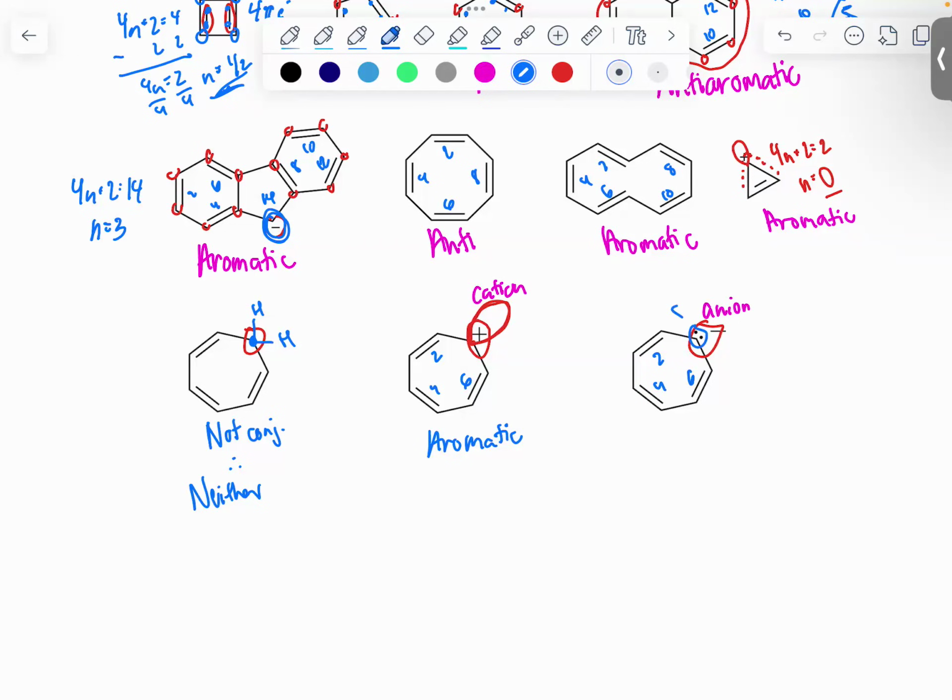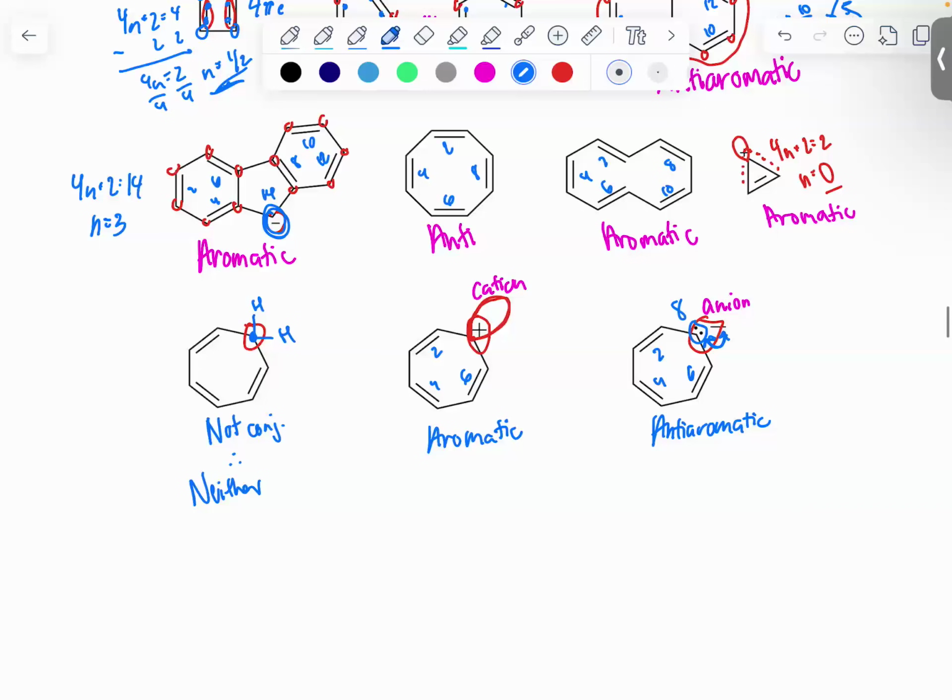So we have these 2 for the lone pair, bringing us to 8 and making the total system anti-aromatic. Now, this might be confusing, the negative and the lone pair. They are redundant. The lone pair usually probably wouldn't be drawn in on a carbon. We would just indicate its presence using the negative charge.